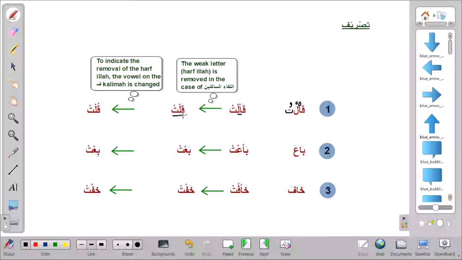But of course, once again, the second rule, as I said, there are 2 rules here. The first rule is when the 2 sukuns meet, when there is iltiqa as-sakinain on 2 letters, we remove the weak letter to be able to make it pronounceable. The second thing is, after we remove it, we have to leave an athar. An athar means a footprint, an indication that we removed something.